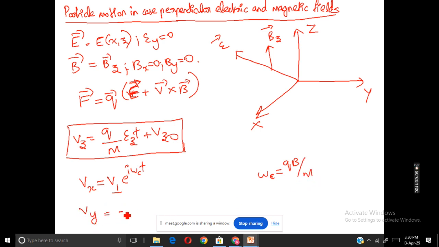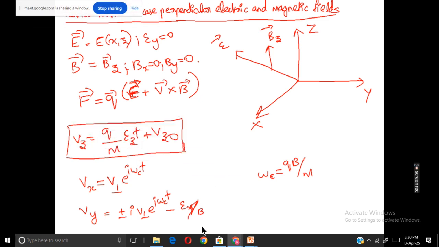Vy will be plus or minus i V perpendicular e raised to i omega c t minus Ex by B. This parameter Ex by B is known as the drift velocity.